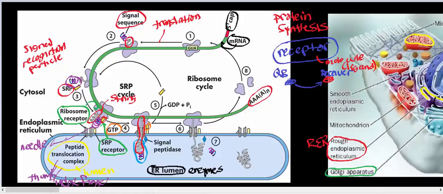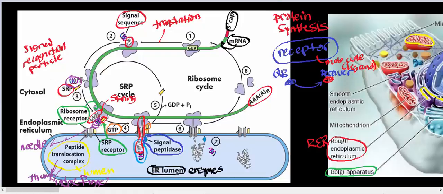There's an enzyme referred to as signal peptidase. Essentially what's going to happen whenever you get the protein made is this enzyme, shown in light blue right here, called signal peptidase, is going to cleave off the signal sequence.